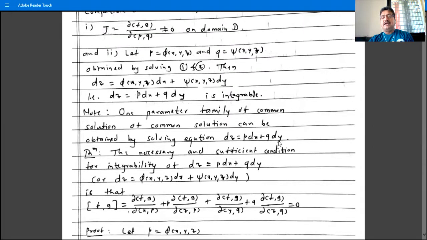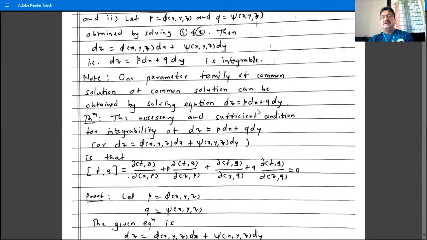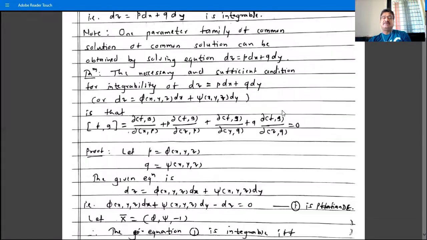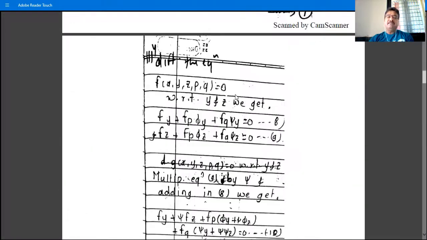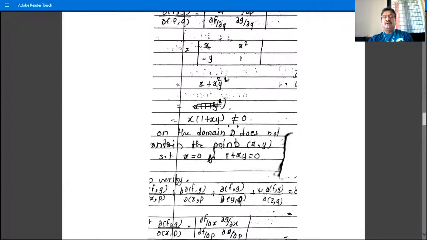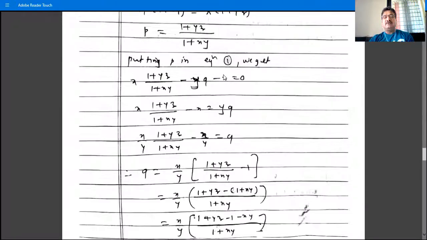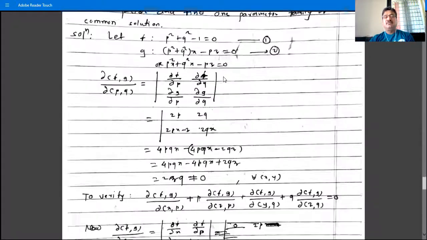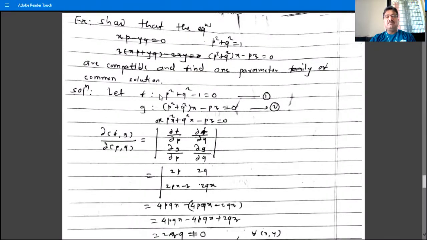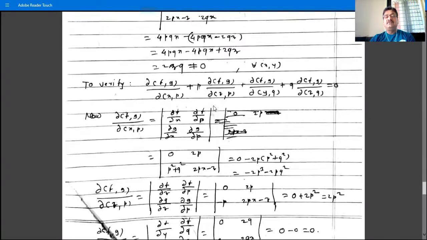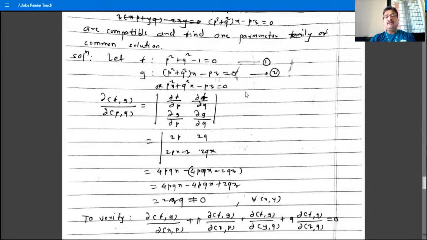We will obtain p and q, and then we have to solve the equation dz = p dx + q dy. So first we will find the values of p and q by solving the given equations number 1 and 2.